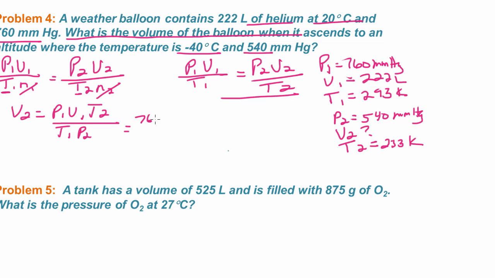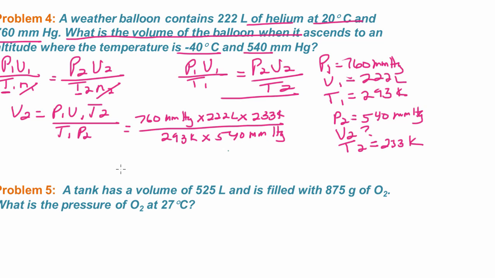Now I'm just going to plug in. P1 is 760 millimeters of mercury, multiplied by V1, which is 222 liters. Multiply that by T2, 233 Kelvin, and divide that by T1, 293 Kelvin, times P2, which is 540 millimeters of mercury.